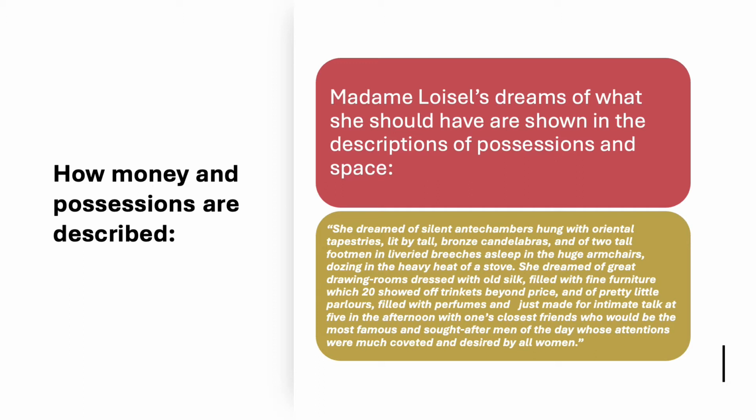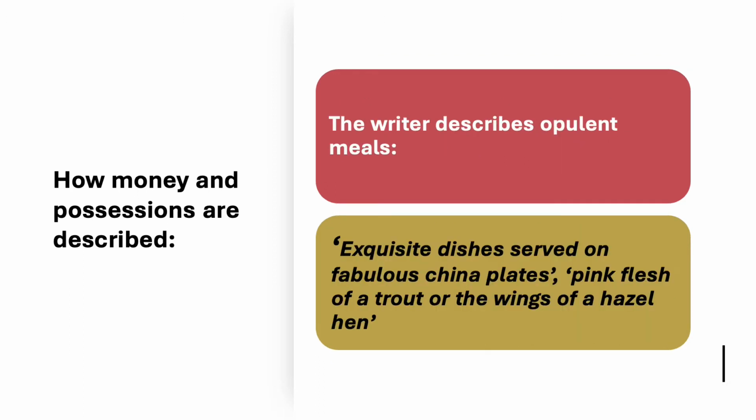Actually, it's a long list. The writer describes opulent meals such as the pink flesh of a trout or the wings of a hazel hen served on fabulous china plates that Mathilde fantasizes about while having her humble soup for dinner.